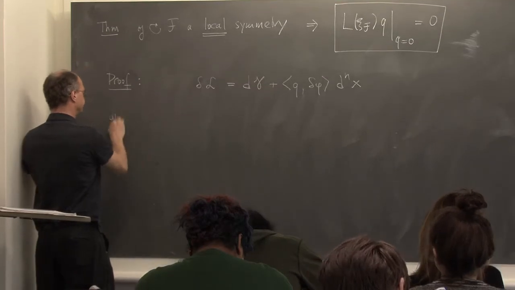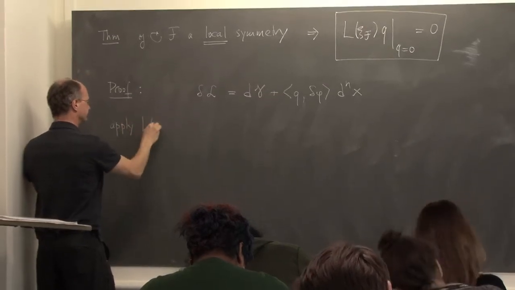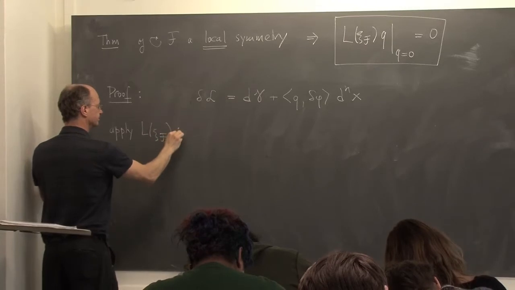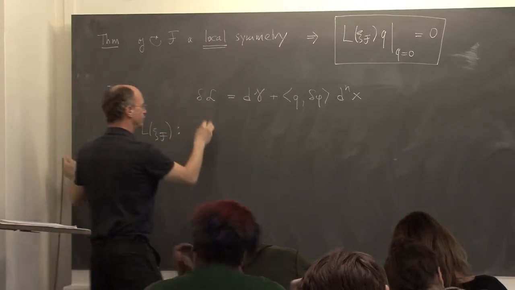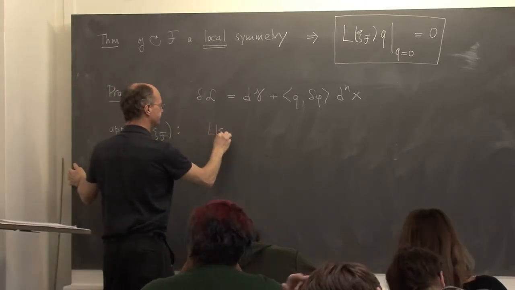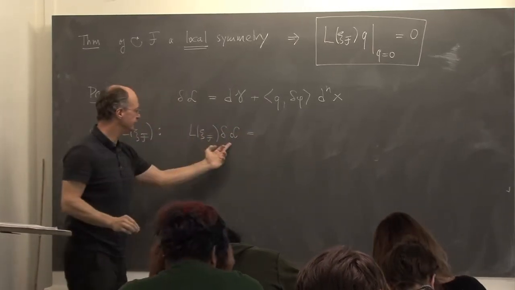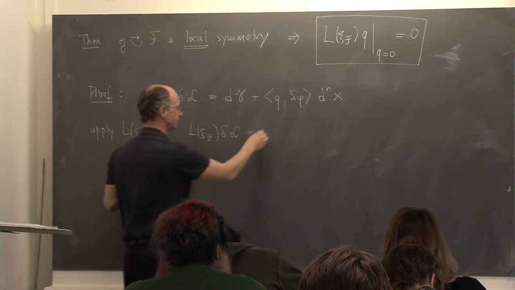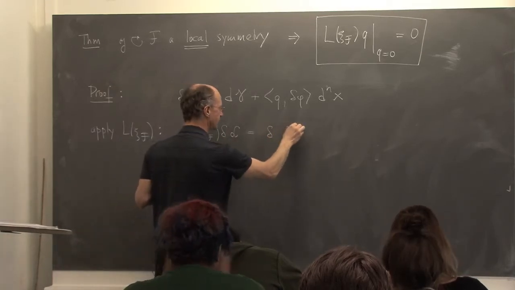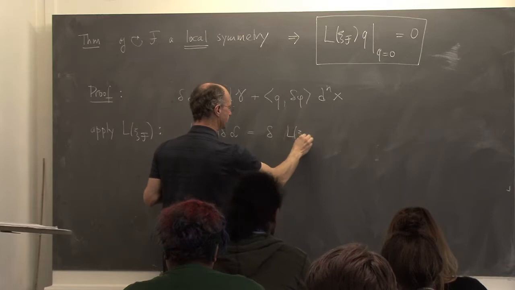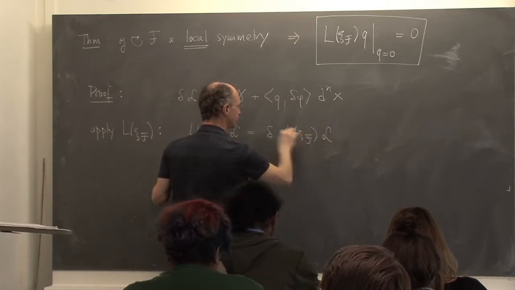So first the left-hand side. Lie derivatives commute with de Rham differentials, so I can change the order.